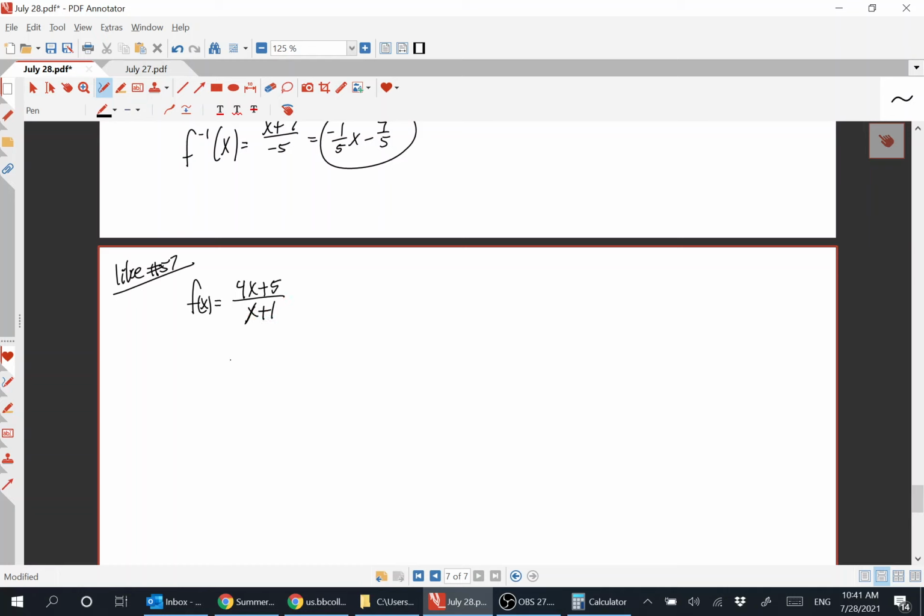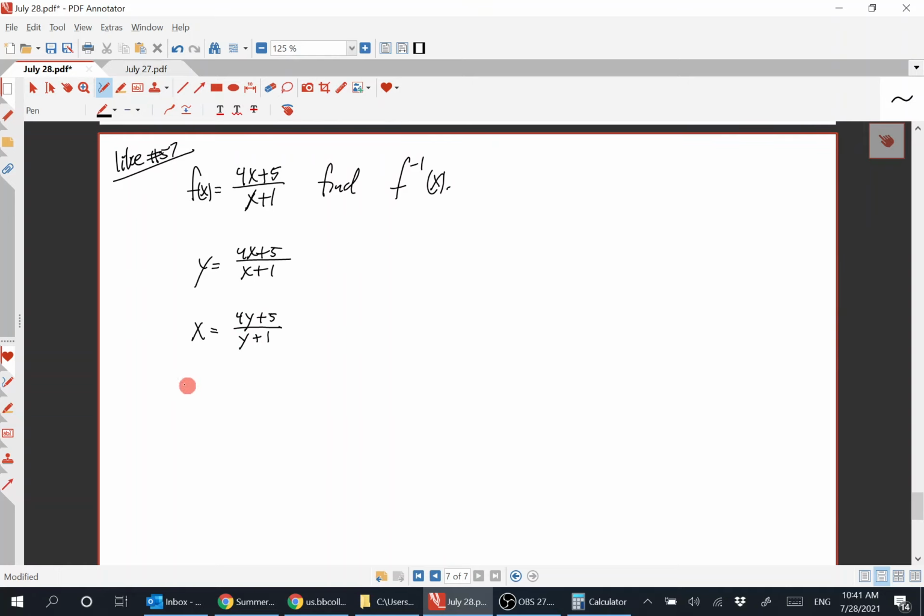So f of x is this, a linear polynomial divided by a linear polynomial. That always has an inverse function. It's called a Moebius transformation. So you write y equals 4x plus 5 over x plus 1. Switch x and y, and then solve for y. Solving for y here is a little bit trickier.